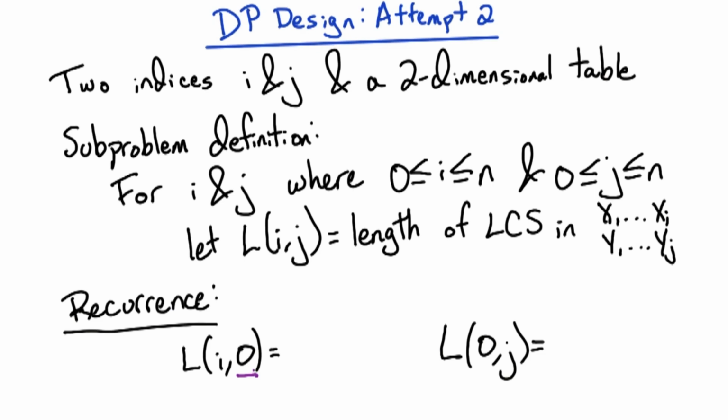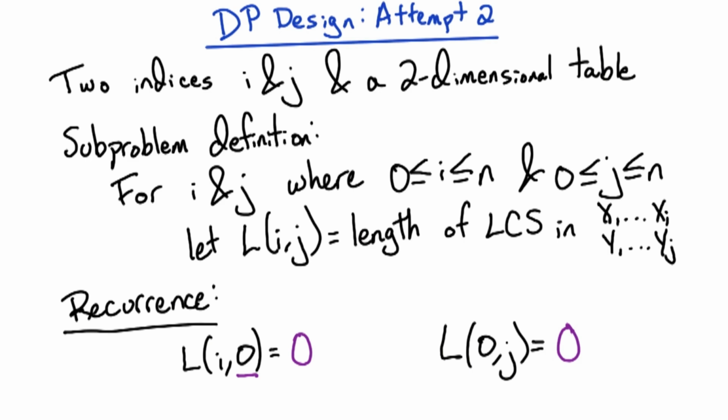That means that y is the empty string. So what is the longest common subsequence? Well, y is the empty string, so there's no subsequence in it, so the length is 0. Similarly, if we're taking an empty string for x, then the longest common subsequence is the empty string itself, which is of length 0. So those are the two base cases.